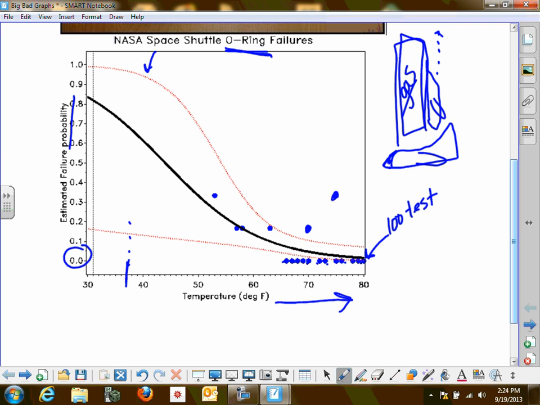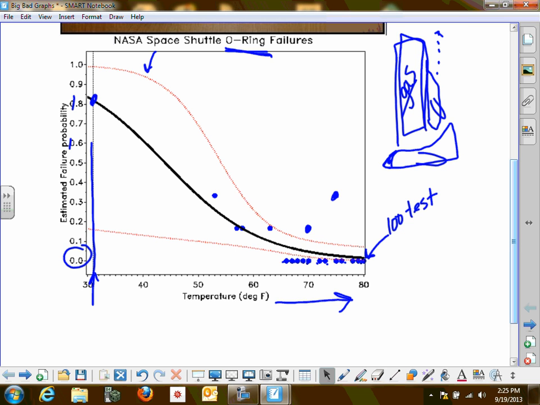So here we go. We have like, what, a 70% chance of, actually, you know what, it's this right here. That's what this black line is right here. Boom. So, over an 80% chance that there would be an O-ring failure.